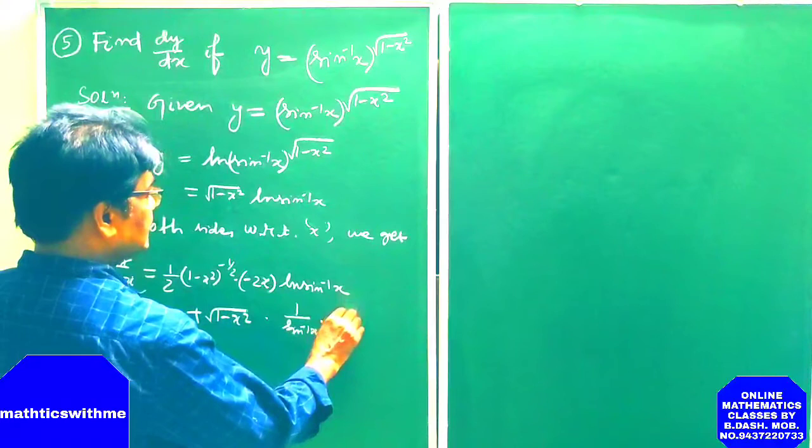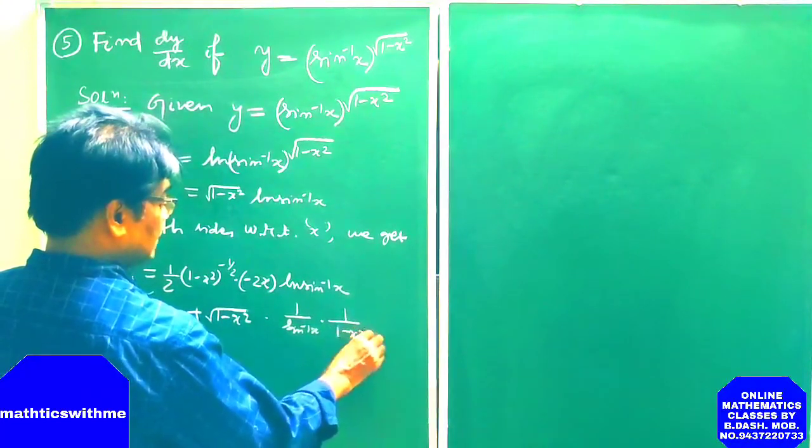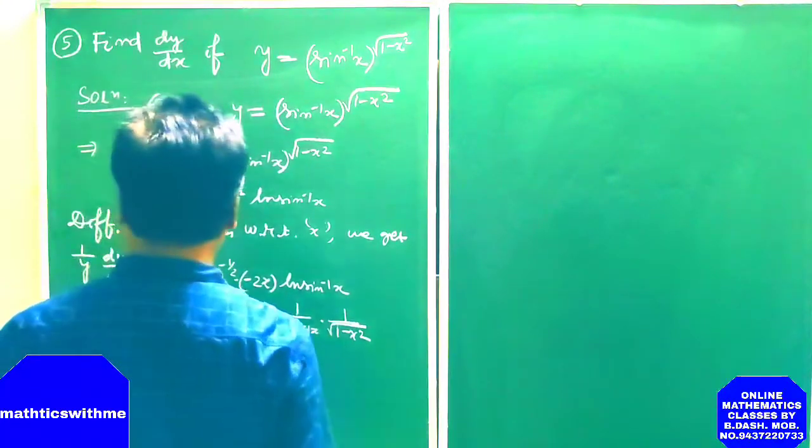The derivative of sine inverse x is 1 by root over 1 minus x square.